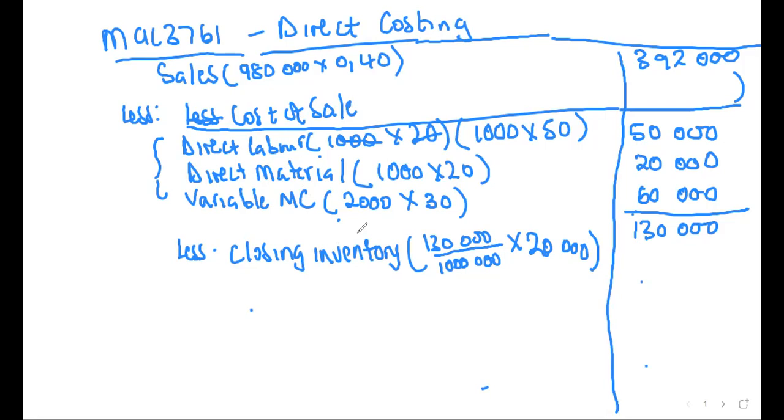I don't know if you guys can try to understand what I'm trying to say. Are we together? Yeah, understood. So I always prefer, if you know you will be confused on the way with this cost of sale, just put the heading, because this heading is going to tell you your structure here.